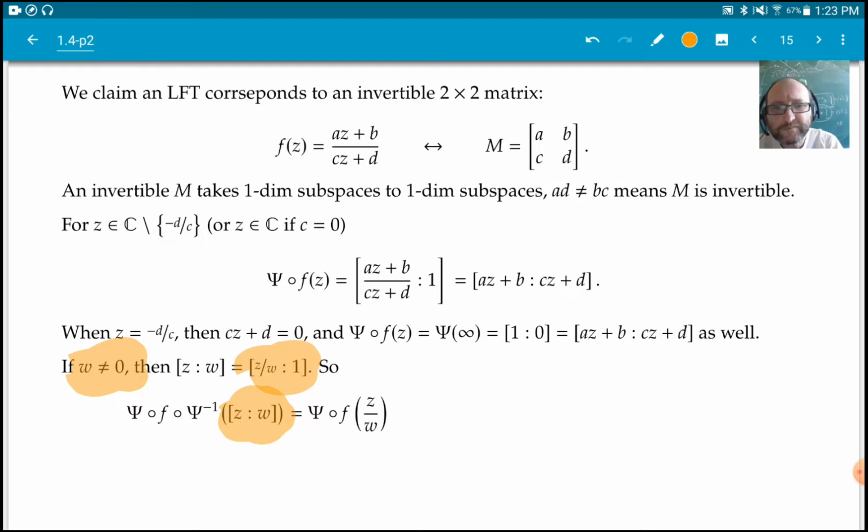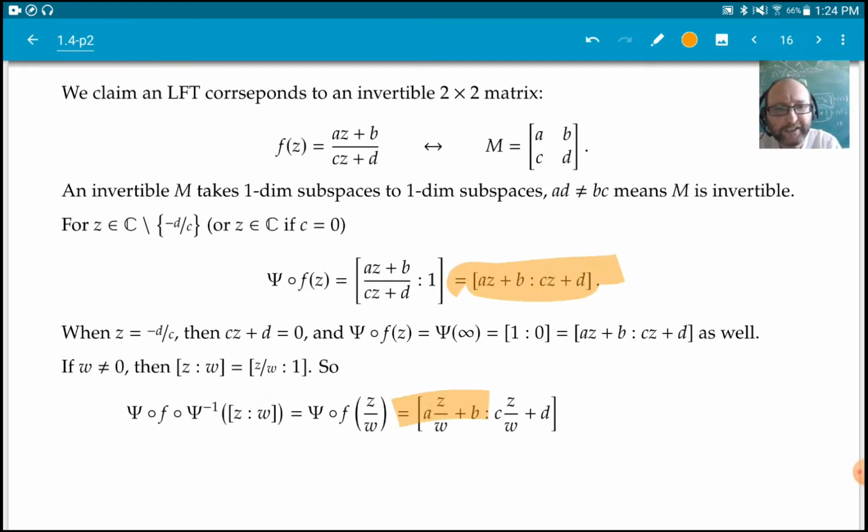So where does the inverse go? Well, it goes to Z over W. So I'm really just plugging Z over W into F and plugging that into C. Let's write down what that is. We've computed that over here. It's this guy over here.